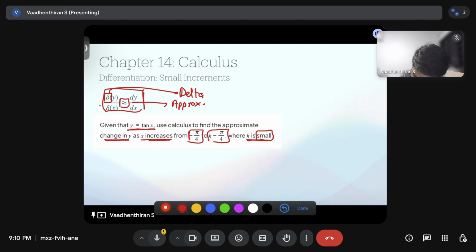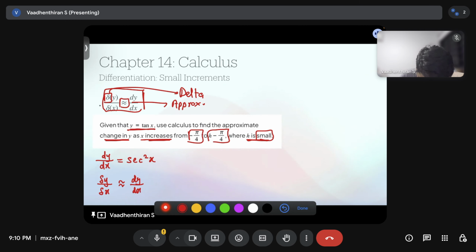First we do the normal dy over dx, which is going to be secant squared x, as we saw previously. Tan x differentiated is secant squared x, and then we equate it with a small change in y over small change in x, which is approximately dy over dx. The small change in x is h.